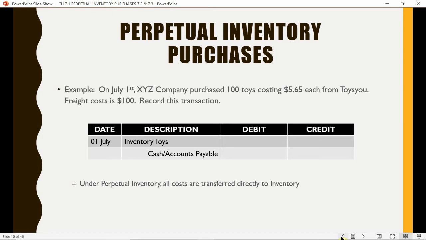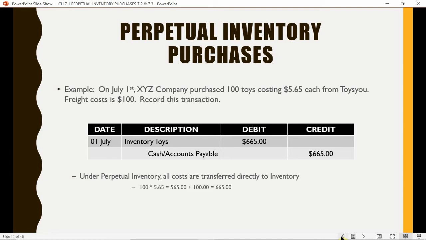We calculate the $565 plus the $100 freight to get a grand total of $665, and they all go into one account. Straightforward, easy. Any questions here?